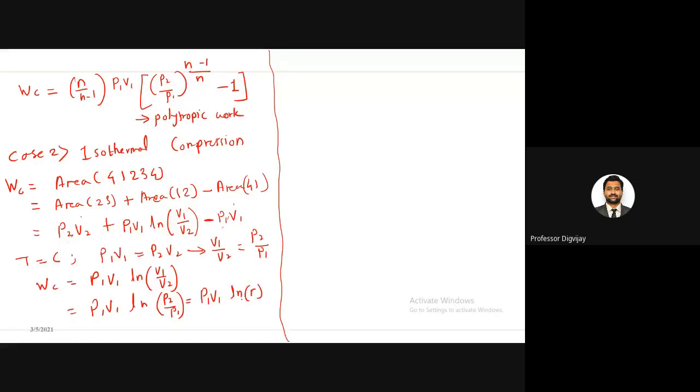Again, if I take help of the ideal gas equation, PV equal to MRT, that you might have studied or heard somewhere, then P1 V1 will be equal to MRT1. So compression work for an isothermal process, you can write as MRT1 log pressure ratio.